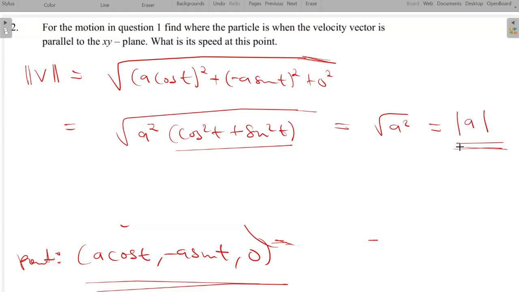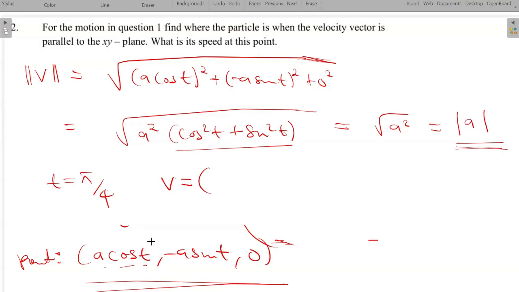So for example, if we took our t to be pi over 4, then we would have v. Remember you have a cos t, so where there's t you replace pi over 4.